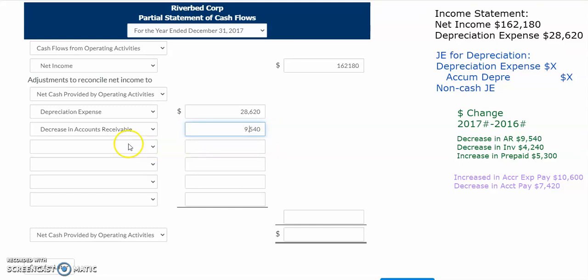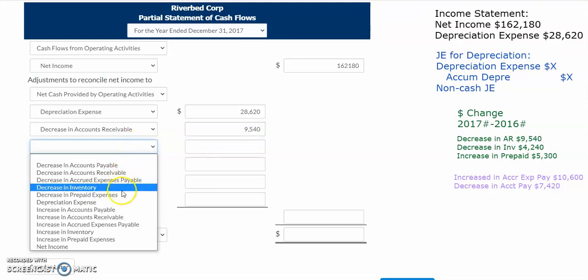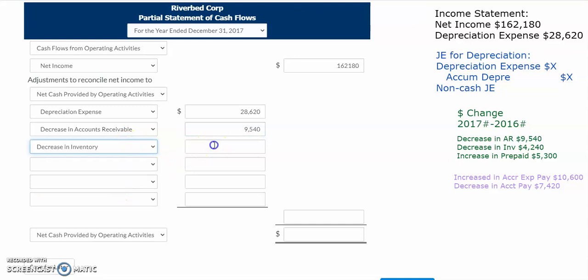Then we have our decrease in inventory. So with the decrease in inventory, your inventory will decrease as you make sales, and your inventory will stay low if you do not spend more money to replenish that inventory. So that decrease in inventory is going to have an effect of increasing your cash flow because you're not replenishing that inventory.